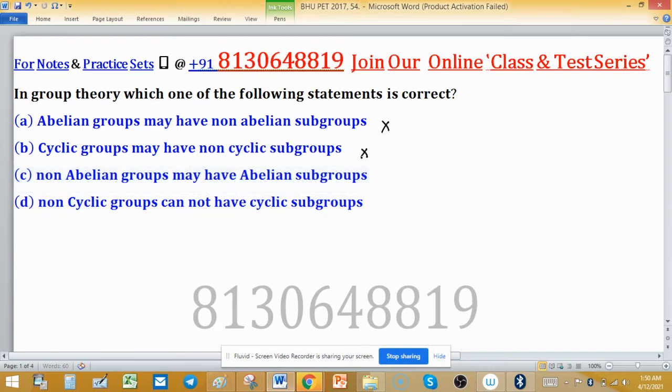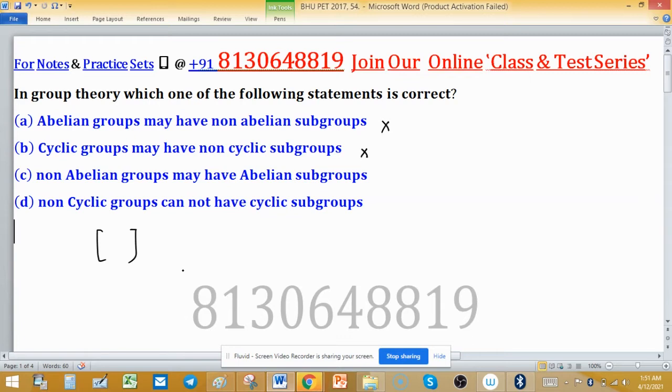Now come to option C. Non-abelian groups may have abelian subgroups. This statement is correct because we know that matrix multiplication forms a group, but a non-abelian group. In matrix multiplication we are considering all matrices, for example Hermitian matrices, which may be abelian or not.